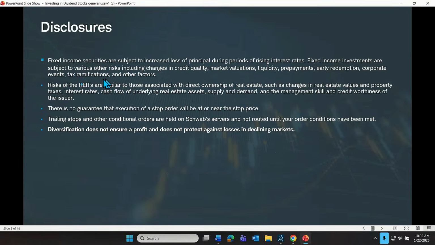Now, as for REITs, risks of REITs are similar to those associated with direct ownership of real estate, such as changes in real estate values and property taxes, interest rates, cash flow of underlying real estate assets, supply and demand, and the management skill and creditworthiness of the issuer of the REIT.